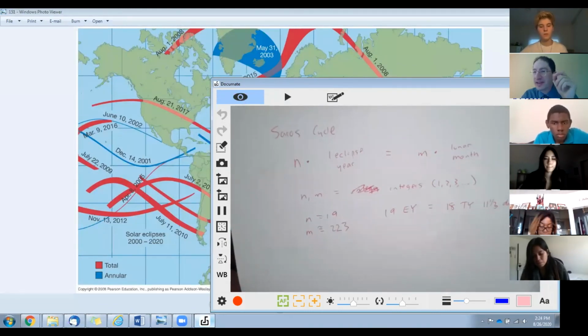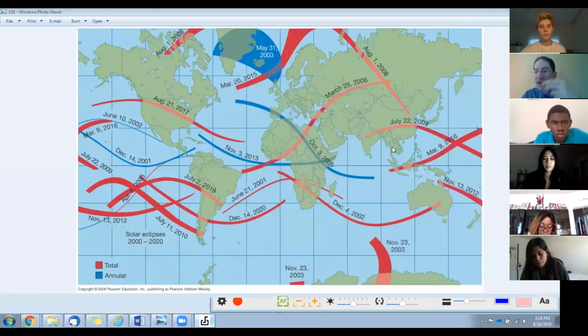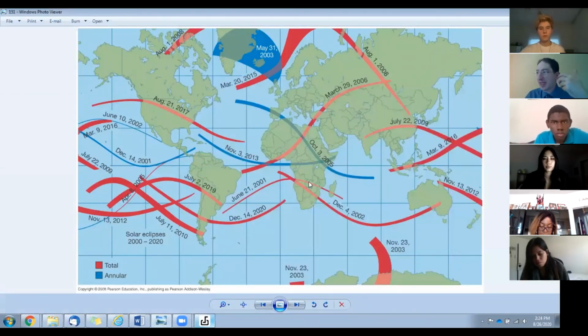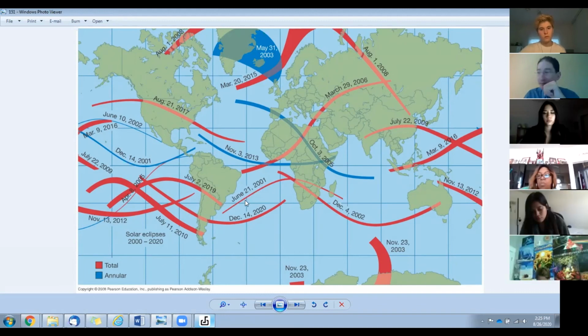And so that third day means that before the next one occurs, we have an extra 8 hours. And during those 8 hours, the Earth rotates 1/3 the way around. So when it repeats after one Saros cycle, it will land over here, at the same time, but it doesn't hit the same geographic location.